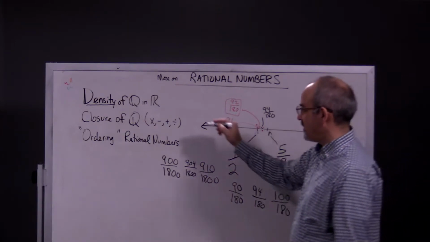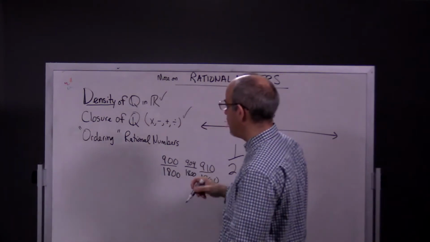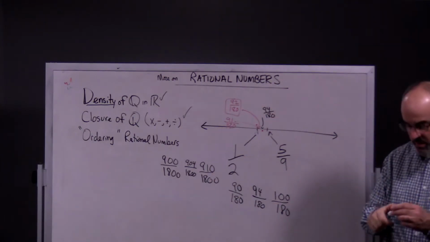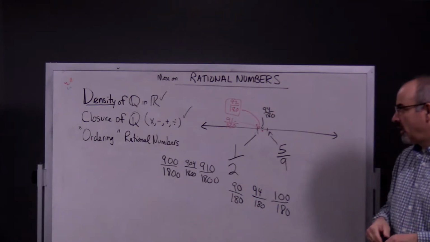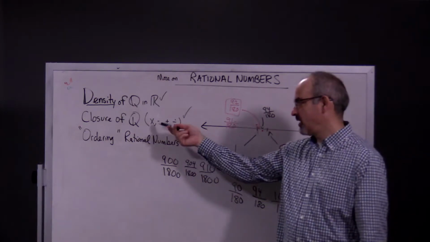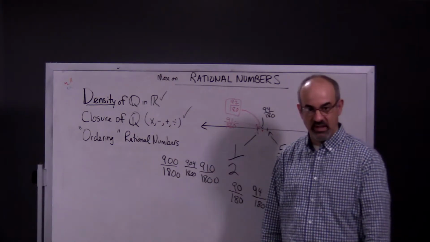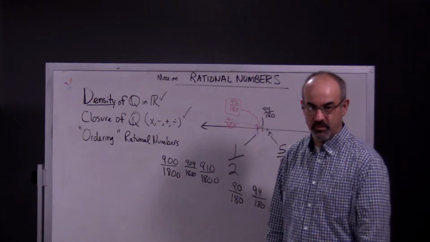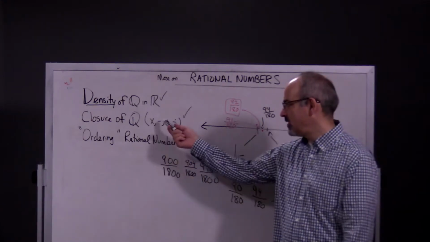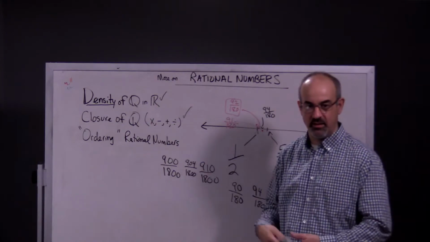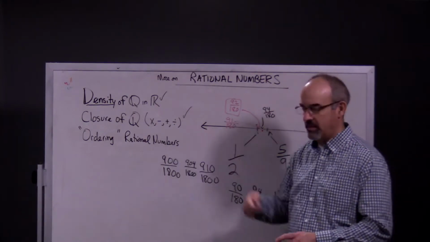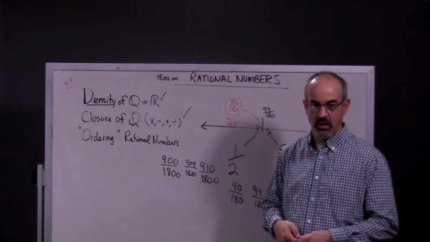Okay, so we talked about these two. That went by pretty quick, actually, because closure was easy to talk about. If you don't believe closure, you can try to pick any two rational numbers. This doesn't prove it, but you can pick any two rational numbers, multiply them together, you're going to get a rational number. Divide them, you're going to get a rational number.